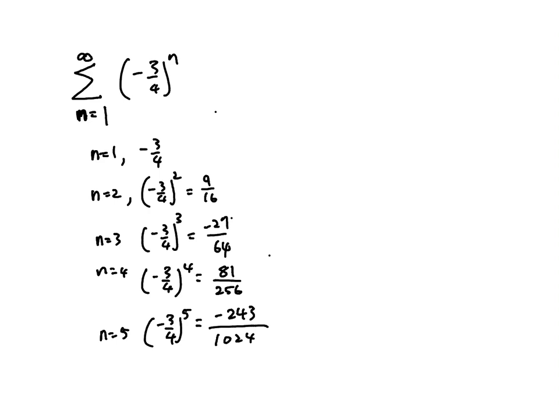So the first five terms of the sequence: negative 3/4, comma 9/16, comma negative 27/64, comma 81/256, comma negative 243/1024.